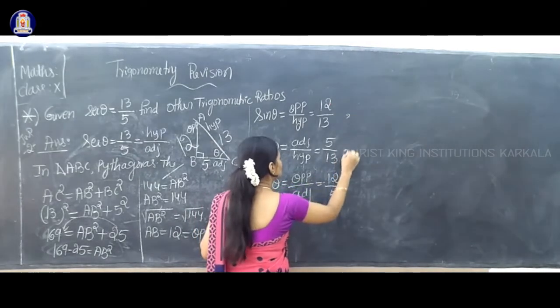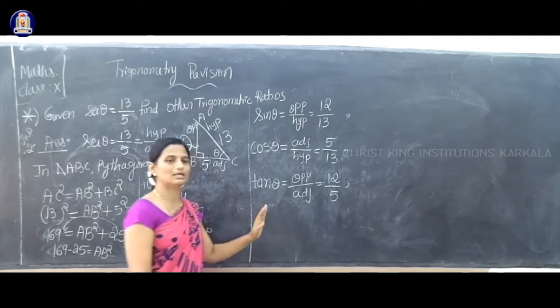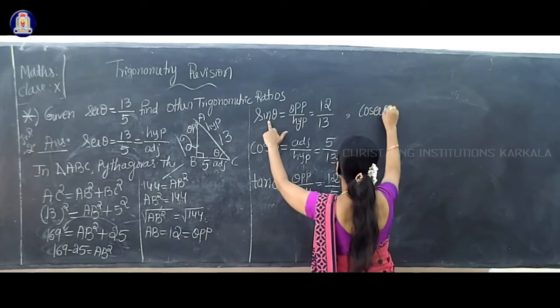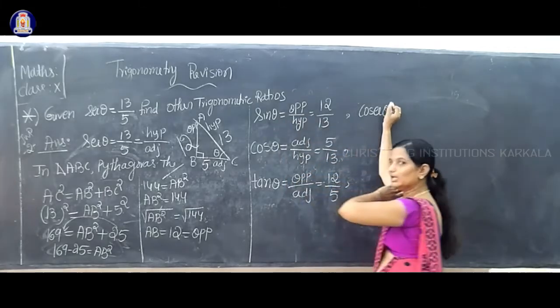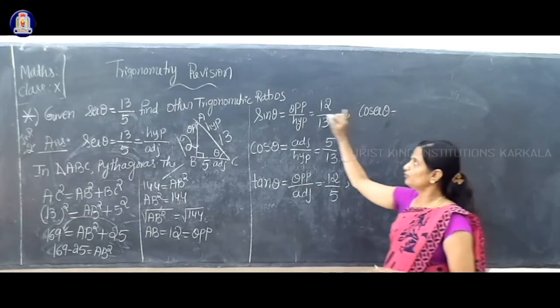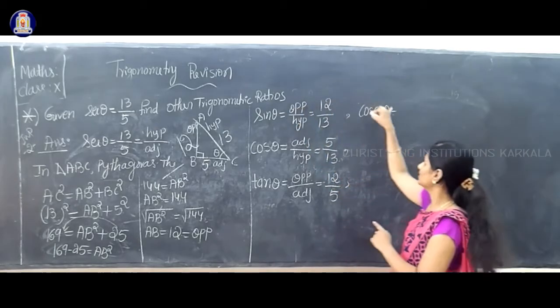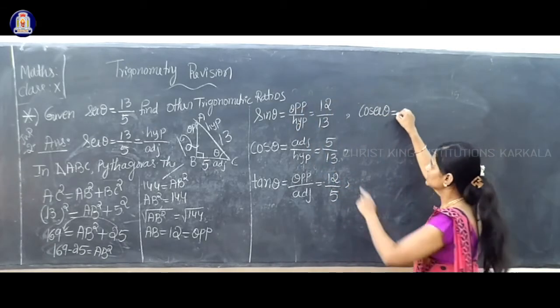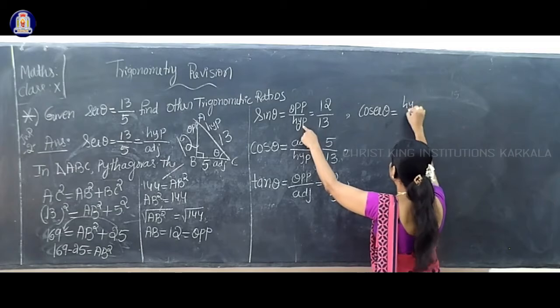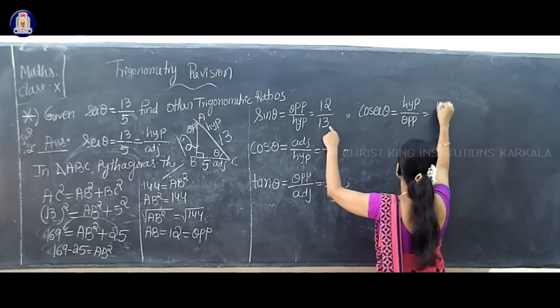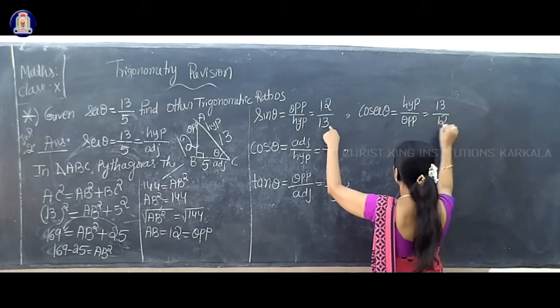Now next, cosecant, secant and cot. What is cosecant theta? No need to remember the definition of this one. If you know the definition of sine theta, take the reciprocal of sine theta, then we get cosecant theta. Cosecant theta is hypotenuse side divided by opposite side, so 13 divided by 12.